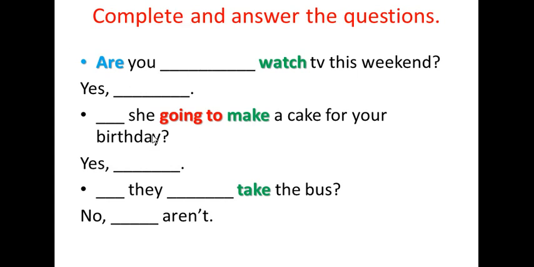So here the first example would be, are you going to watch TV this weekend? Remember the part of the sentence. You need to write what is in red color right here, and then you answer the question. In this case it is yes, and you complete it. Here the answer is yes, you complete, and no, you complete in negative form. You write the words that are not there.